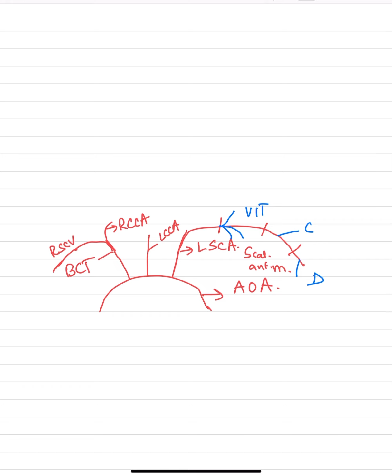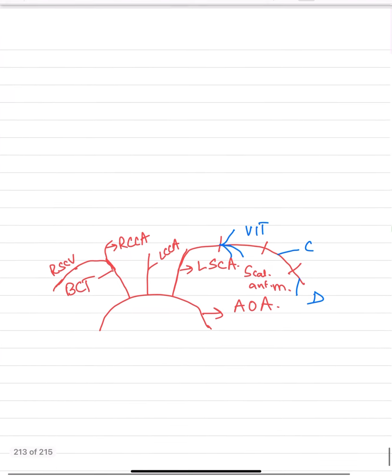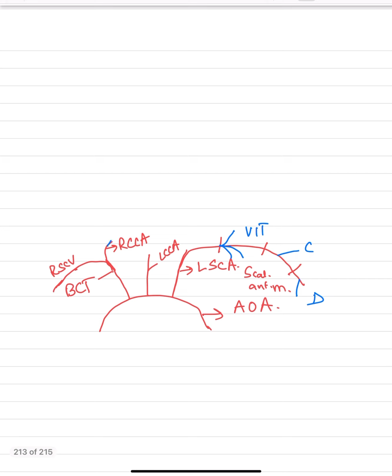Okay, now see here, all students, for example, I take this carotid artery. Now it is dividing into two branches. This is your internal carotid artery, and this is your external carotid artery. Now this external carotid artery, it is dividing into these two terminal branches. What are these two terminal branches?